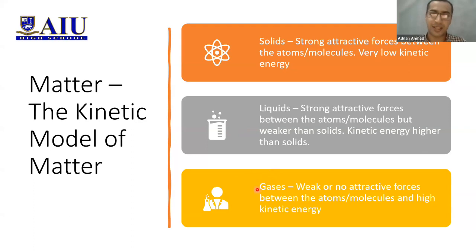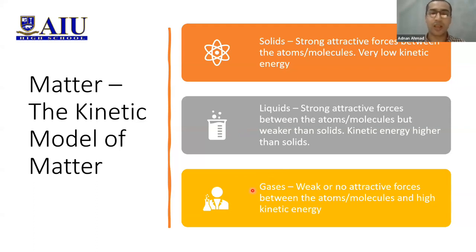And in gases, what happens? Gas molecules are very energetic, and they are moving here and there. For example, if you have a perfume and you spray it in one corner of the room, what will happen? After a few seconds, or within a minute, a person on the other side of the room would be able to smell that perfume.